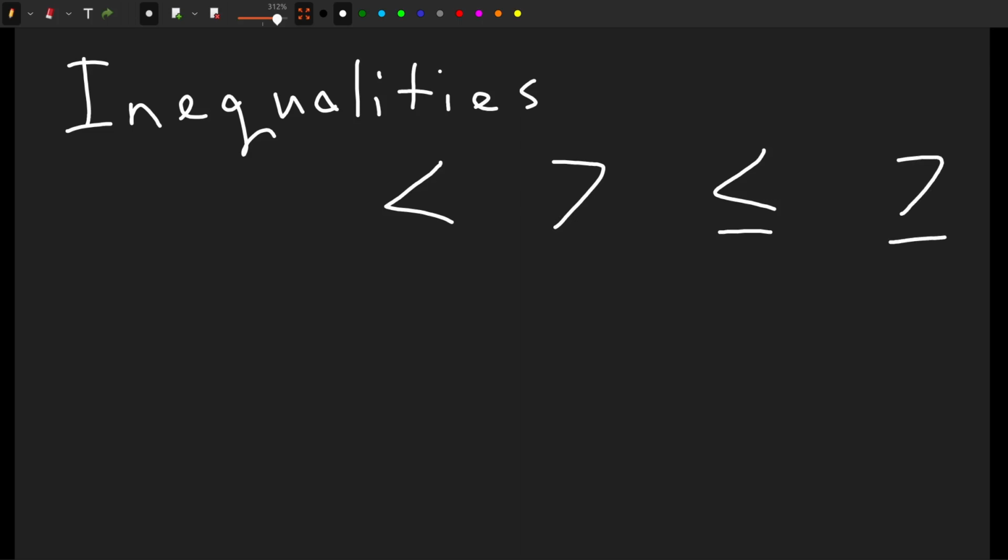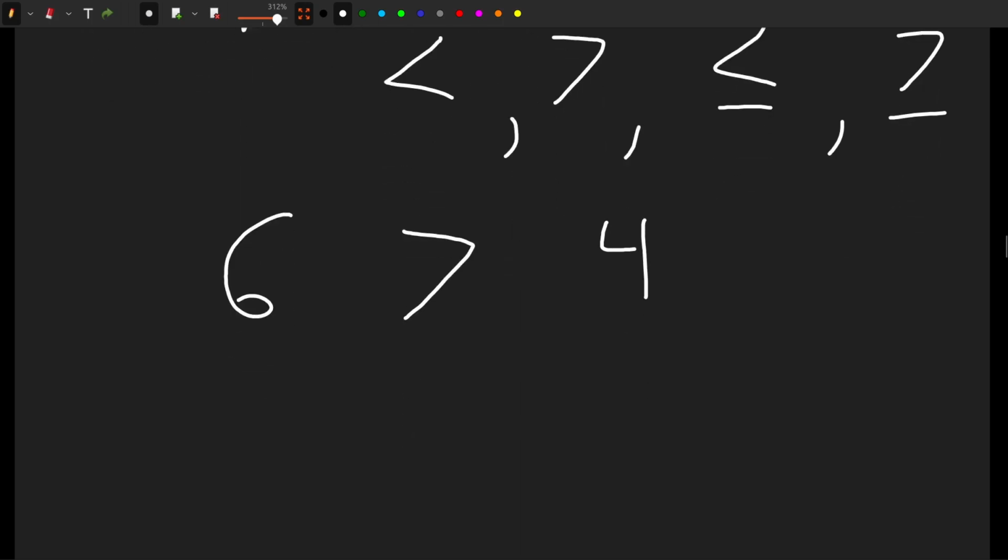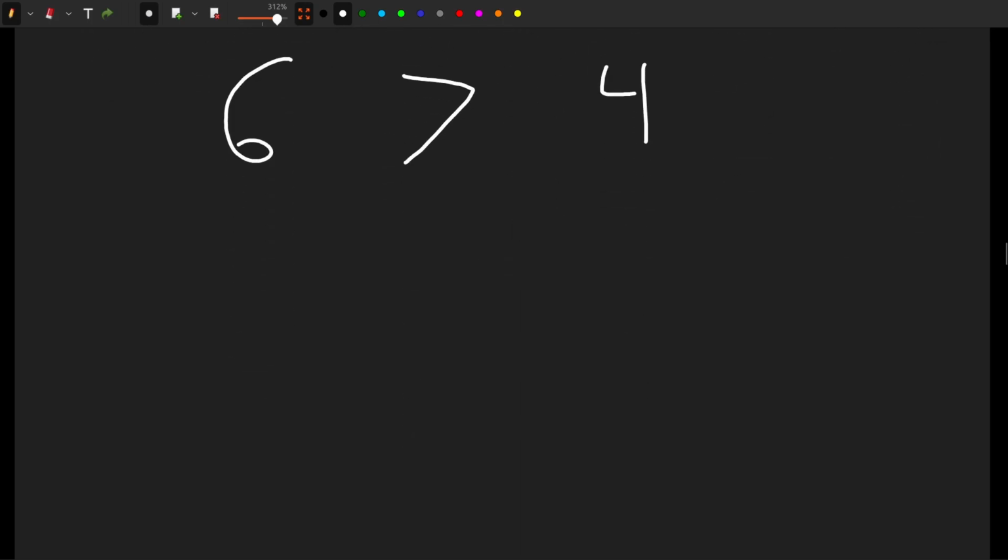Now, the naming of these signs depends on the context you are using them in. So, for example, if I'm looking at two numbers and I'm saying which one is bigger, 6 or 4, we would say 6 is greater than 4. Okay? On the opposite hand, if we're looking at 2 and 7, then we're saying 2 is less than 7.